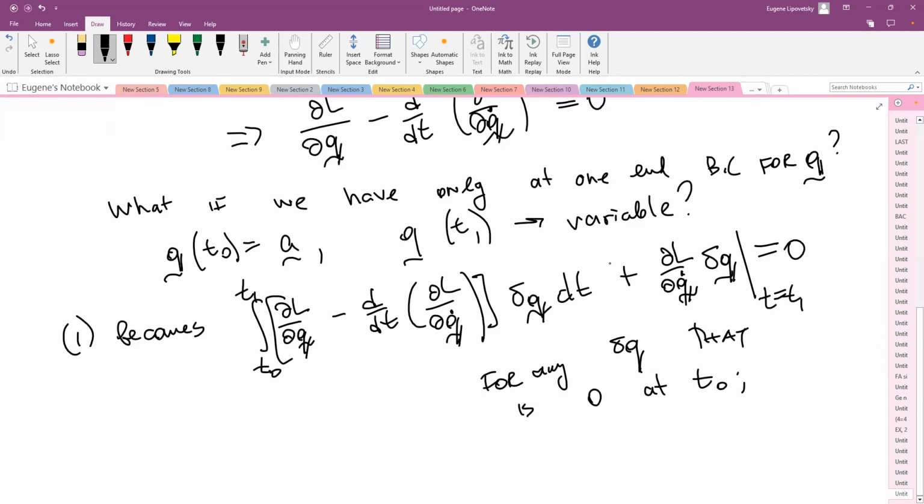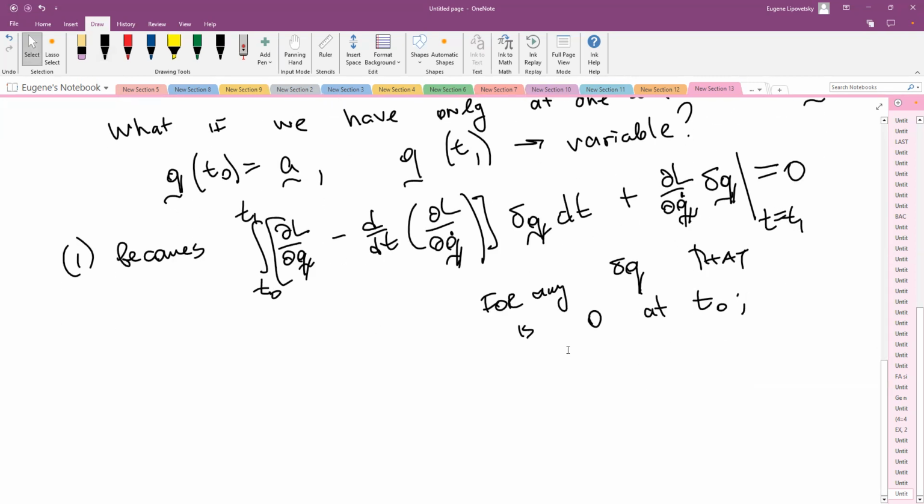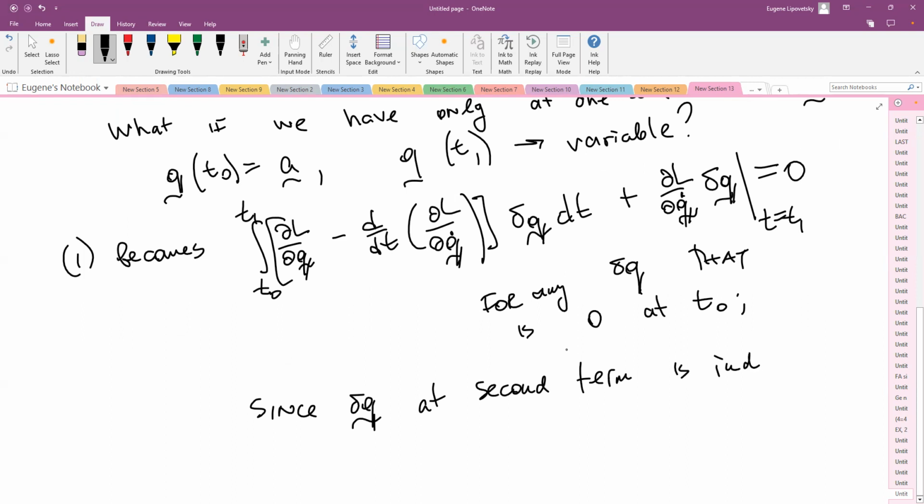The delta Q is arbitrary, and the delta Q in the second term is independent of delta Q in the integral.